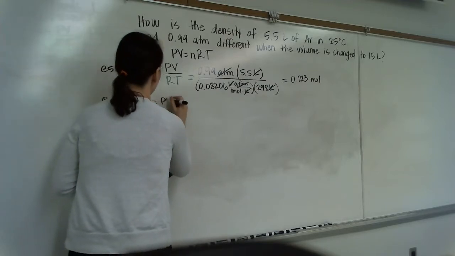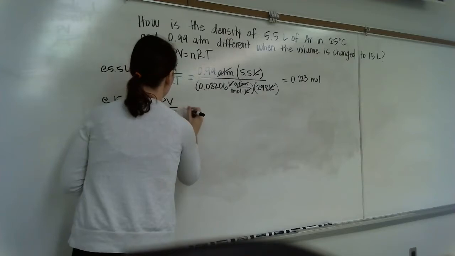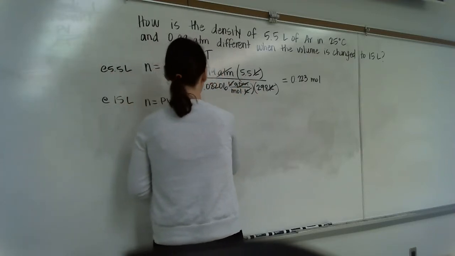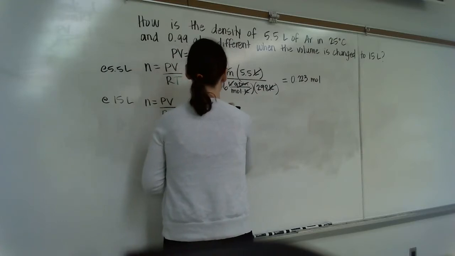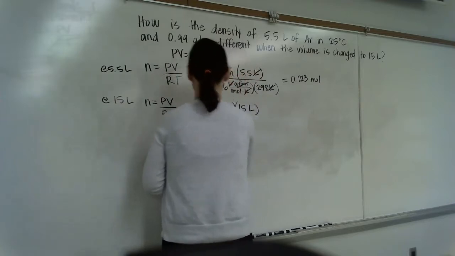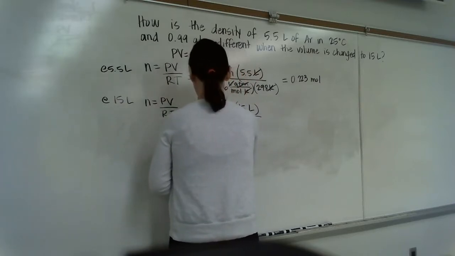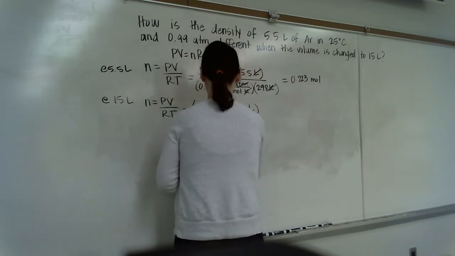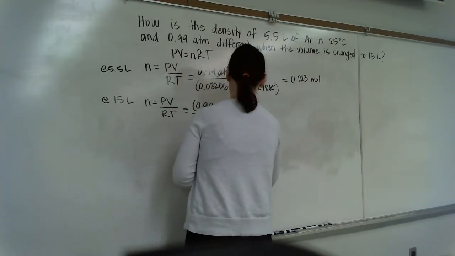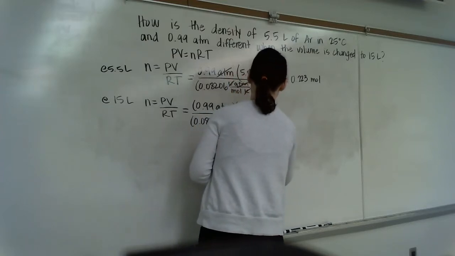And it's still PV over RT. So everything stays the same except that volume, 0.99 atmospheres, 15 liters, same denominator exactly, 0.08206 liter atmospheres per mole Kelvin. Still 298 Kelvin.